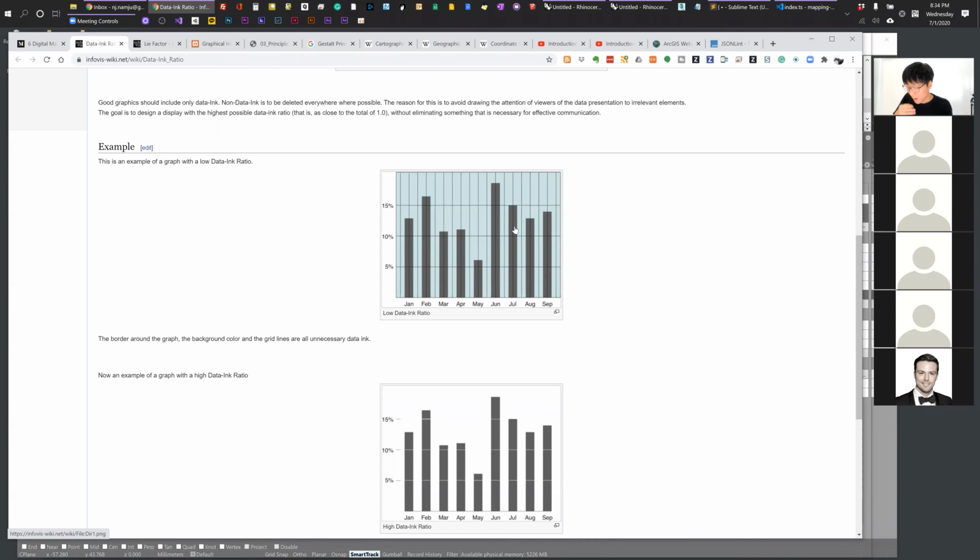I think this is a really good time, even for me. Sometimes I try to remember, and sometimes I compare my result with this kind of principle or integrity. This is a really good filter to revisit, because data visualization is not a one-time or linear process. It's more like an iterative process.